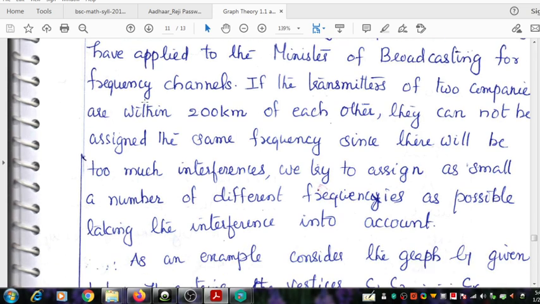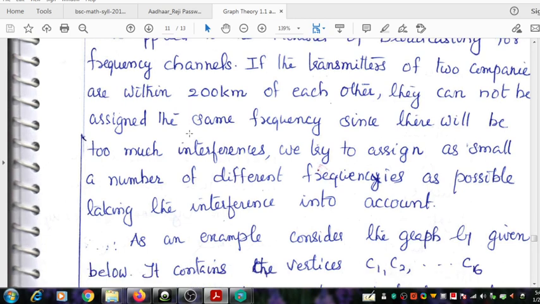If the transmitters of two companies are within 200 kilometers of each other, they cannot be assigned the same frequency, as there will be too much interference.